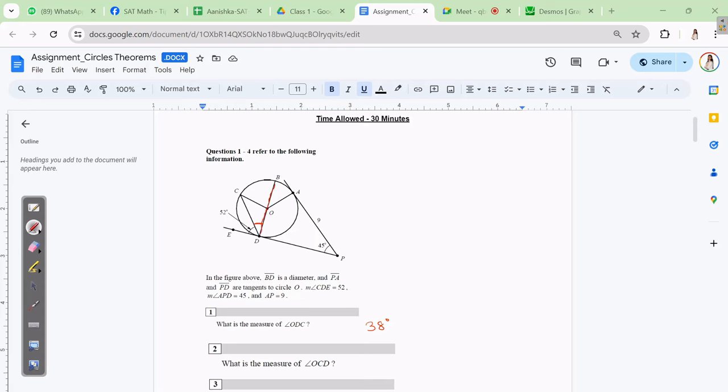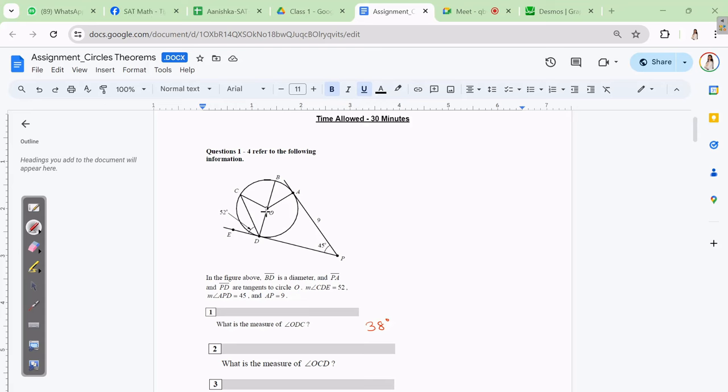And why are these perpendicular? Why this one and this one are perpendicular? Because there's a direct line that's touching the tangent. So 90. Yeah, if you remember, we did a theorem that every tangent is perpendicular to the radius at the point of tangency.